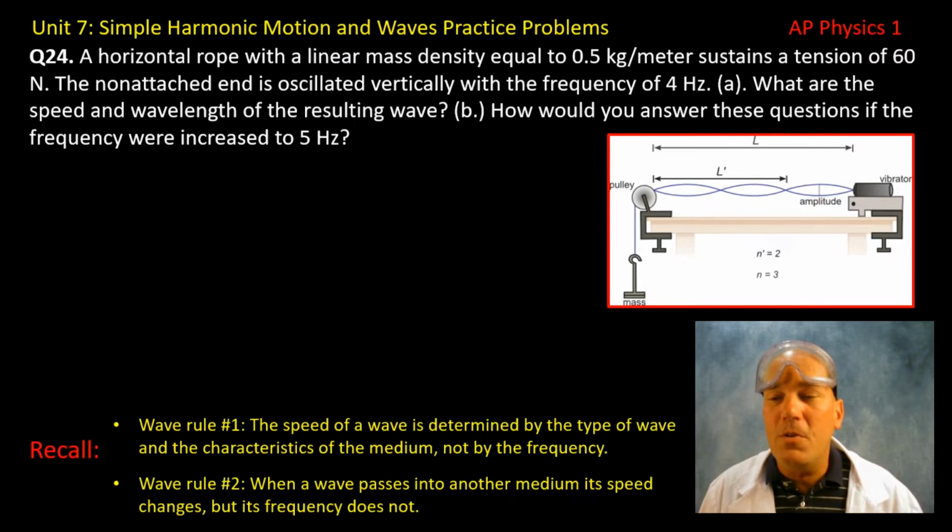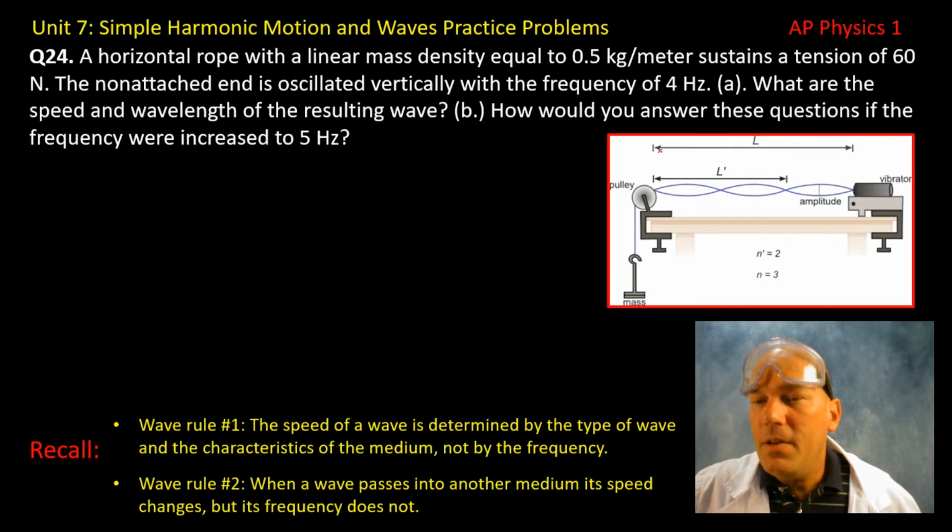So it's a really cool lab. I also want you to look at the length here. We have the length of the string denoted with a capital L. And of course, as you know, a wavelength, if I were to mark a wavelength here, it would be from this red dot to this red dot, being a full cycle.